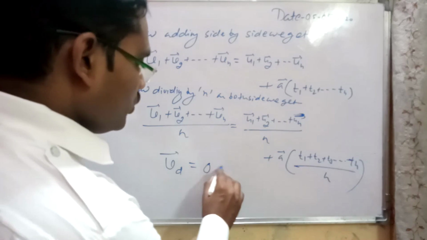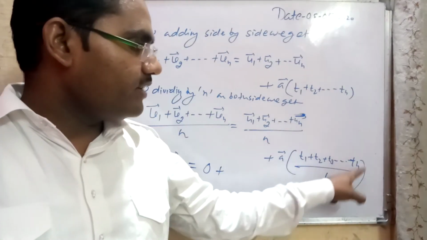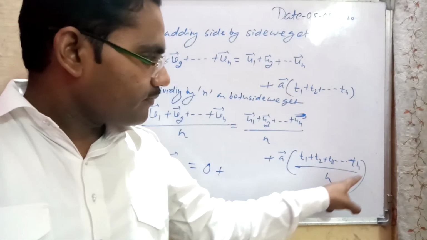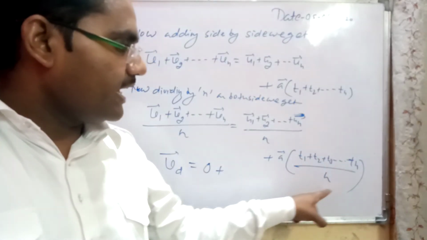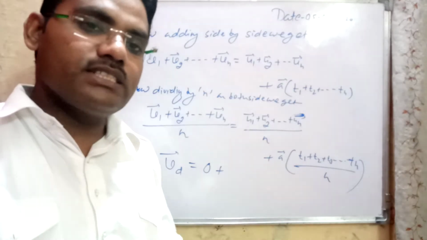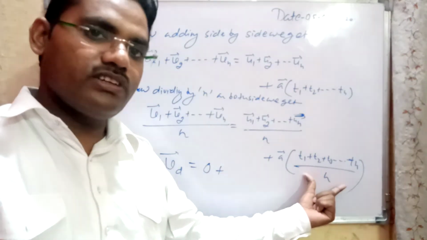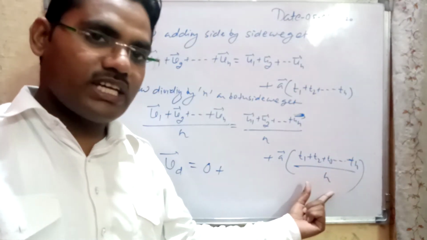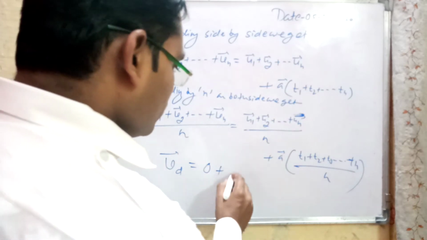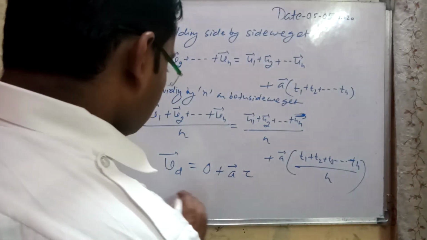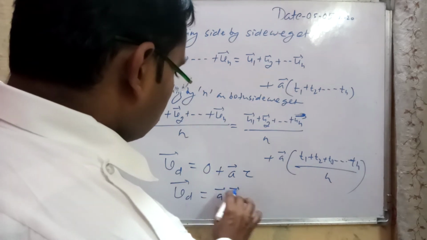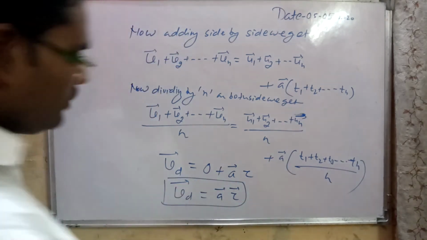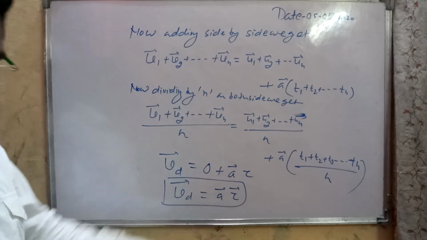That means this becomes 0, and this one is the average of time taken in successive collisions, and the average time between successive collisions is the relaxation time. So now Vd is equal to a tau. This is the relation between drift velocity and the relaxation time.